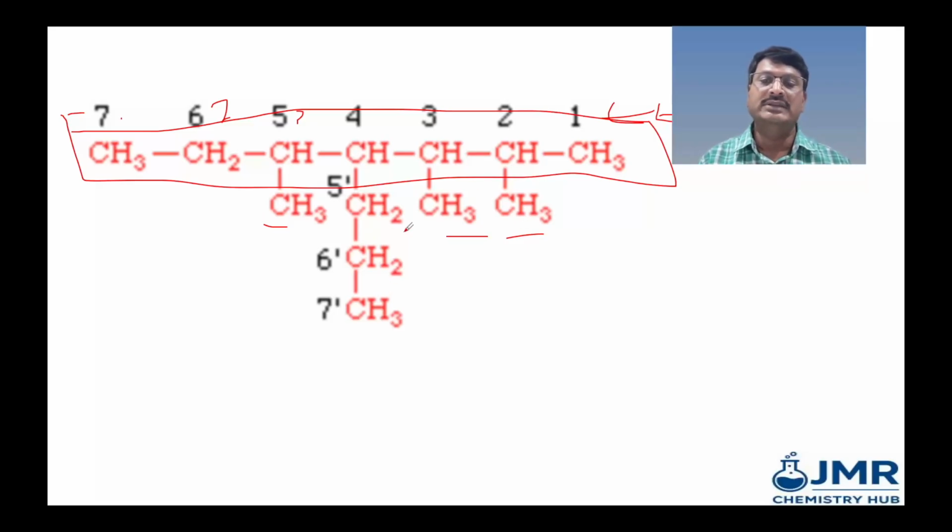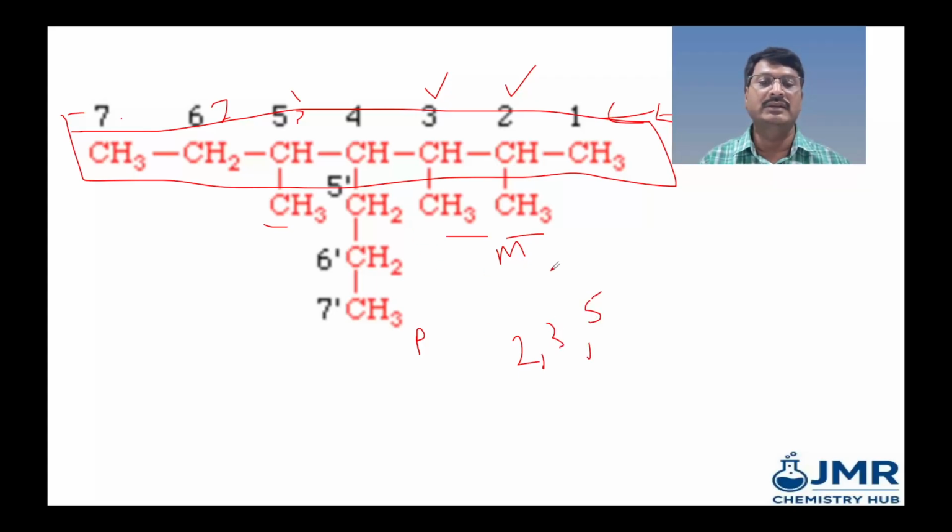You have to write these in alphabetical order. According to alphabetical order, first you write the methyls followed by the propyl. Where are the methyls located? Second carbon, third carbon, fifth carbon. So you write 2, 3, 5.